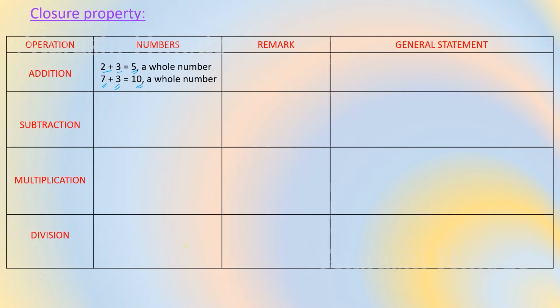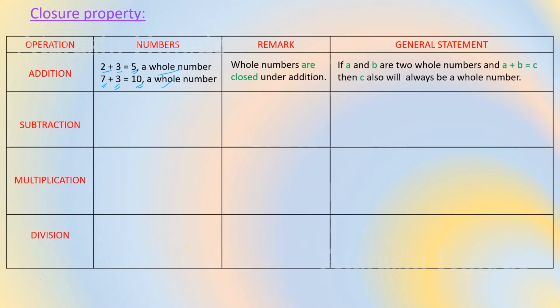That is, when we add two whole numbers, the sum we get is again a whole number. So we can say whole numbers are closed under addition. In general, if A and B are two whole numbers and A plus B equal to C, then C also will always be a whole number.